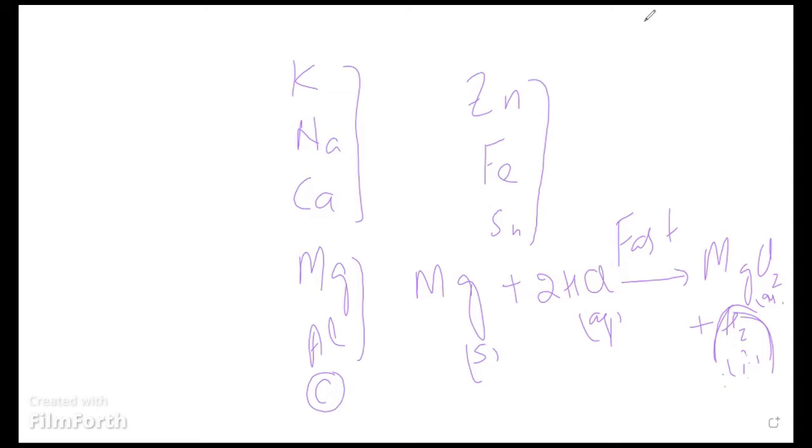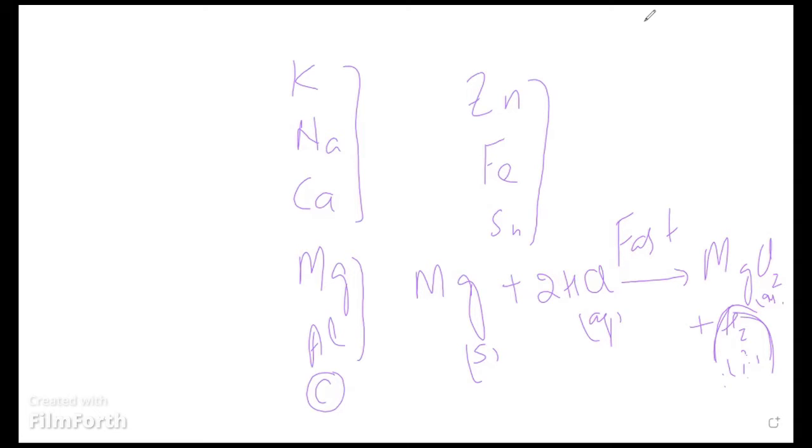Zinc, iron, and tin, Zn, Fe, Sn, react with dilute HCl to form their salts and give out hydrogen gas.